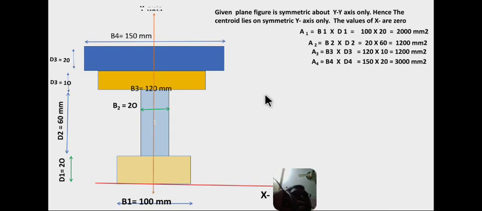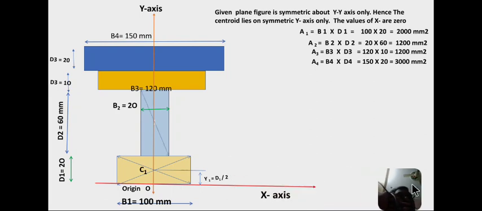Now I am drawing the diagonal lines to locate the individual centroids. O is the origin. So here C1 is the centroid of the bottom rectangle at a distance of y1 from the x-axis, that is y1 equal to D1 by 2.